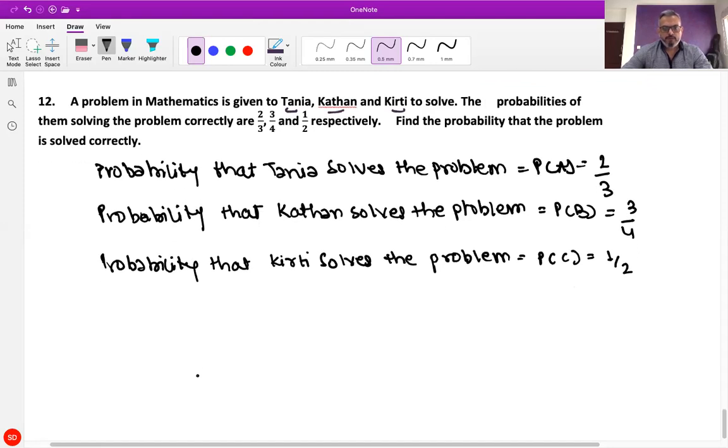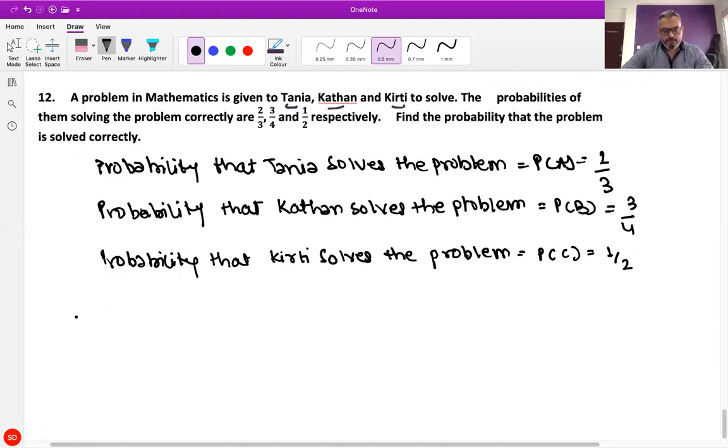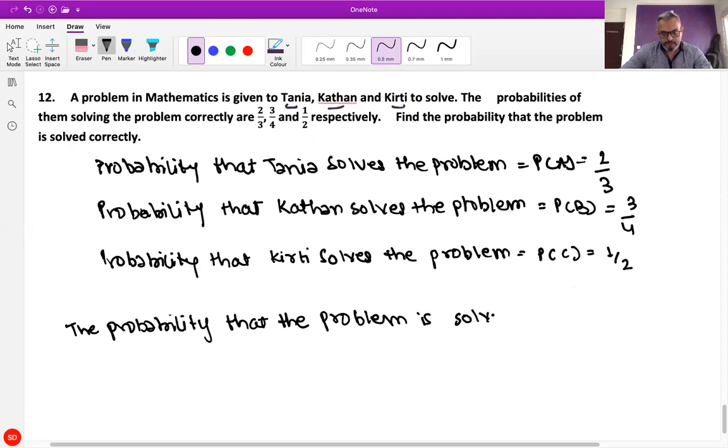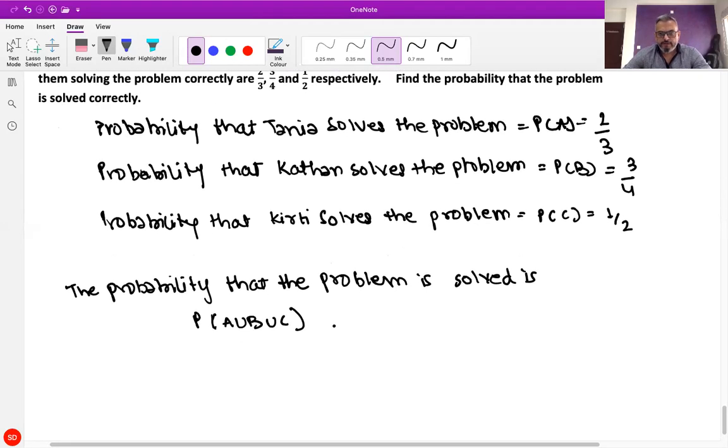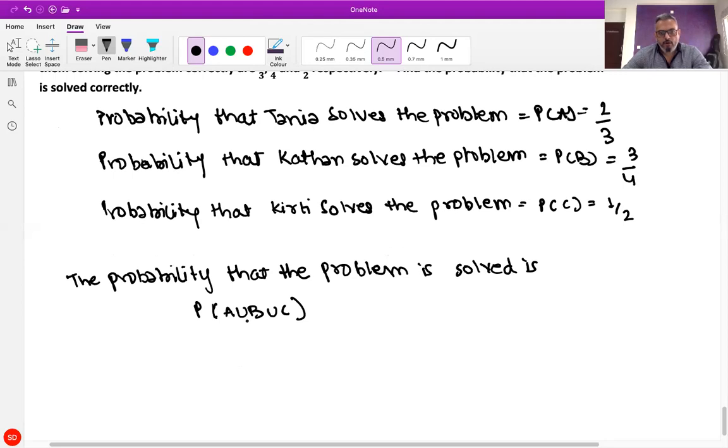So now the probability that the problem is solved is probability of A union B union C, which is either A or B or C.